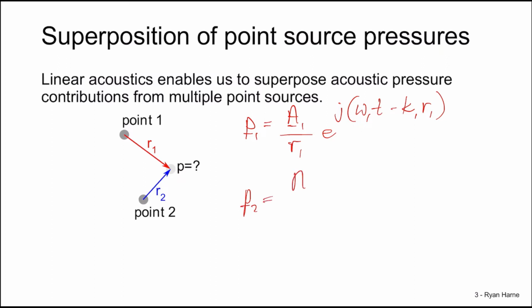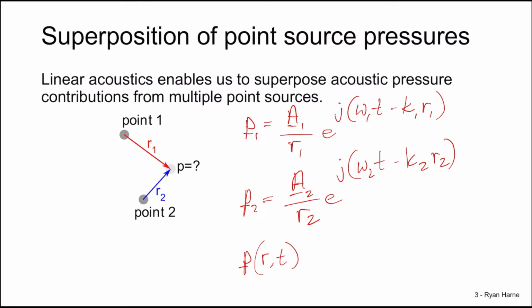It's equal to the complex amplitude A sub 2 divided by R2, and then the complex exponential e to the j omega 2 t minus k2 r2. So in general, due to this superposition we could take advantage of, P as a function of R and T at the field point requires us to identify some origin.